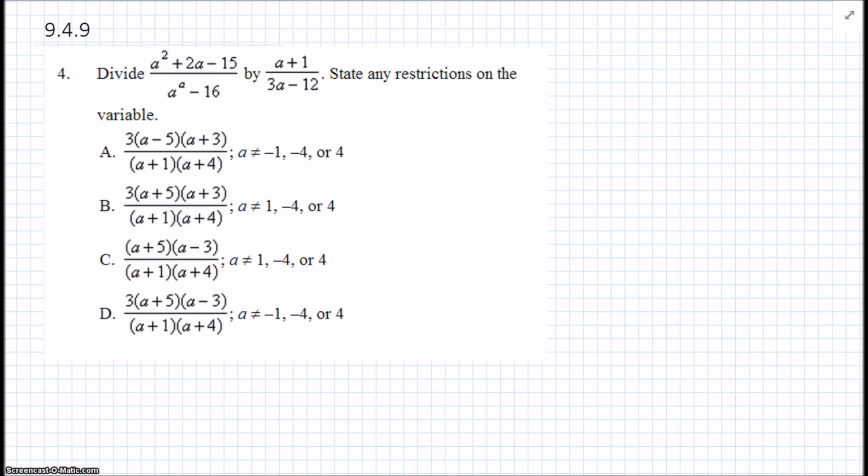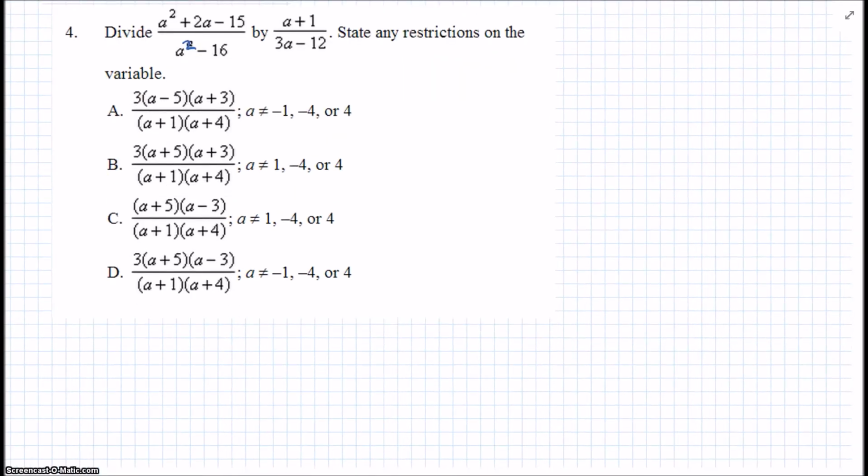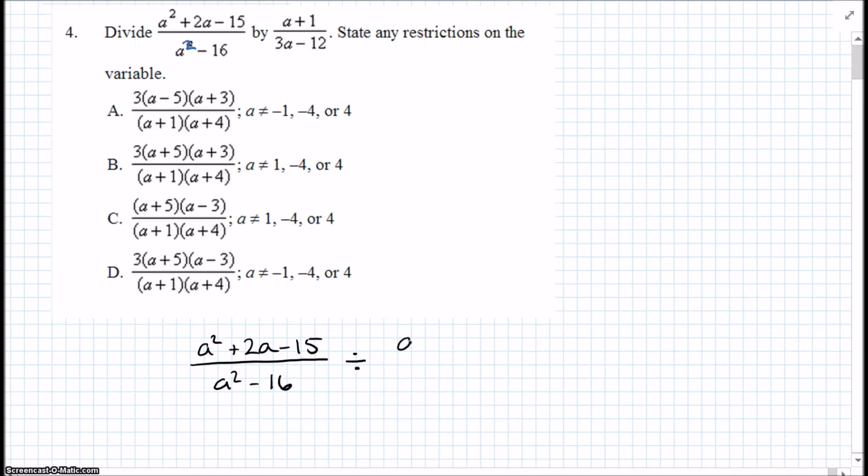Last example: divide (a squared plus 2a minus 15) over (a squared minus 16) by (a plus 1) over (3a minus 12). So let's rewrite the equation. (a squared plus 2a minus 15) all over (a squared minus 16) divided by (a plus 1) over (3a minus 12).